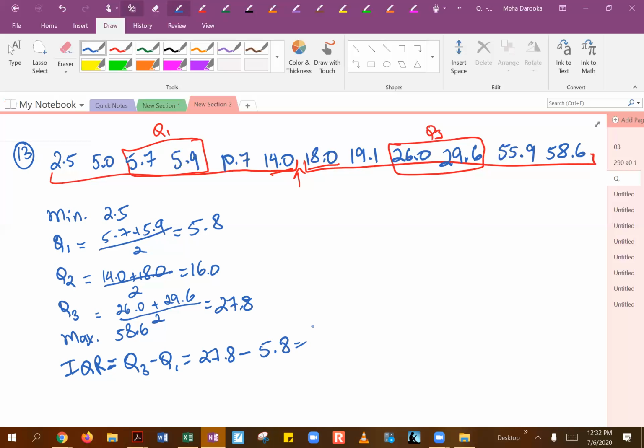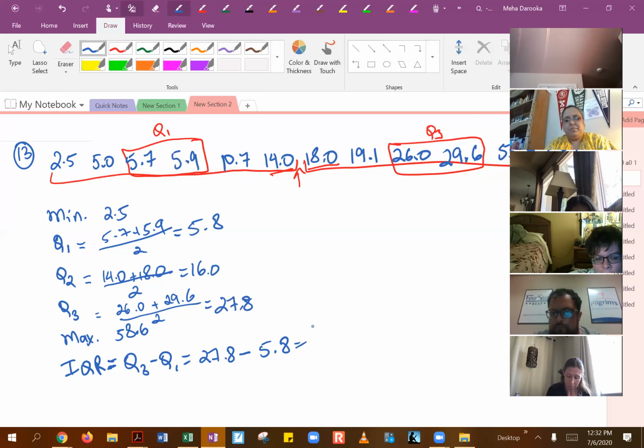It's not 22.95 is what Jesus has on his answer. If you just ignore the 0.8 on both the numbers, you're basically just having to subtract 27 minus 5. Yeah, very good. It should be 22. So Jesus, just be careful. Looks like your calculations are just slightly off here.